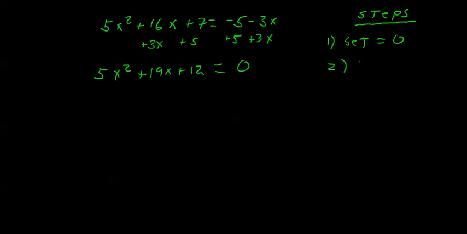Step 2, I factor. We're experts by now. We have this down good. So we know we have to have 5x and x because 5 is prime, and x. And we know that 12 could be 12 and 1, 6 and 2, 4 and 3.